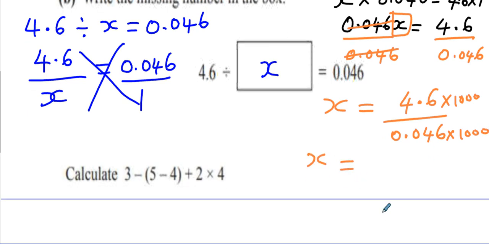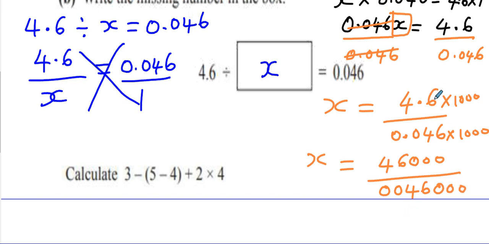Let us see. 4.6 times 1,000. Ignore the decimal point. Then put the 4 6 over there. Put the 3 zeros over here. Ignore the decimal point, keep the zeros over there, so the number becomes 0046, and 1,000 becomes 3 zeros next to each other.